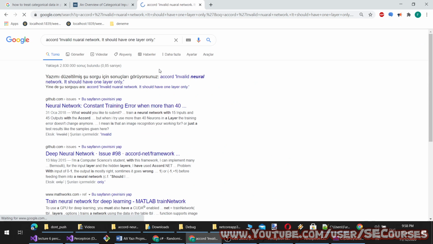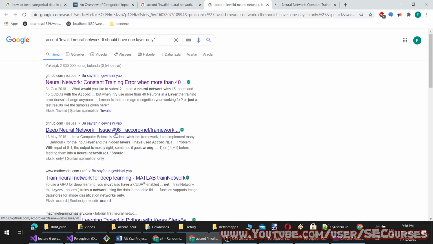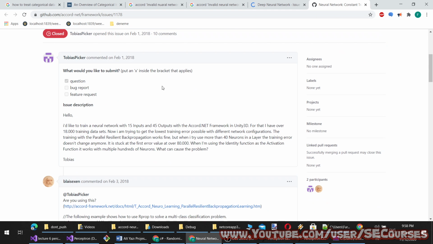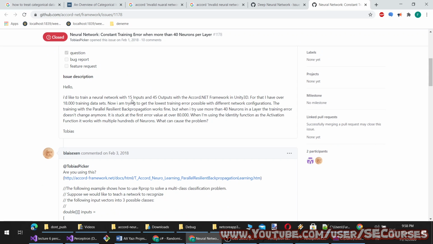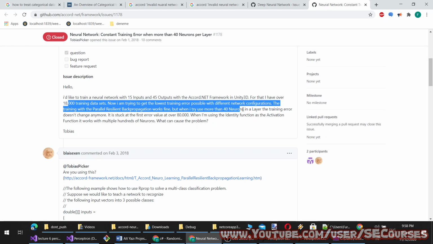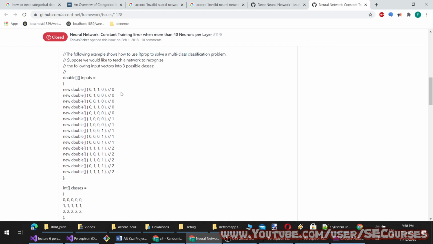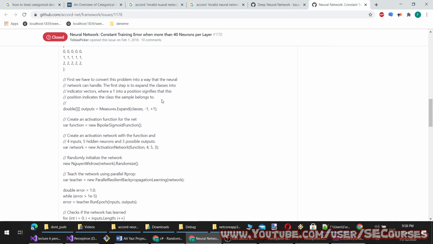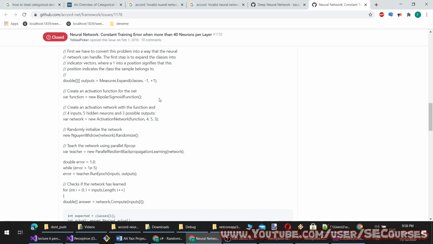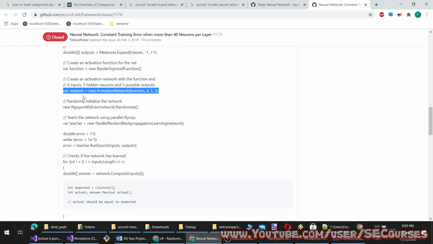You see how hard it is to just make the first setup. Inputs, classes, then outputs. Okay, new activation function like this.